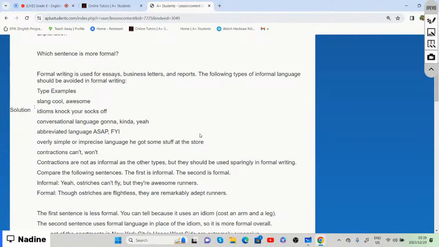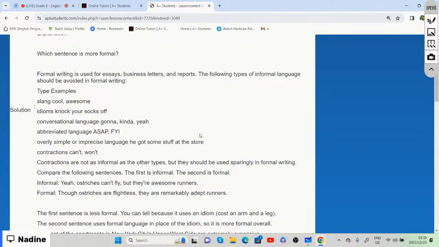So there are certain words that you are going to have to avoid when writing a formal essay, formal letter, formal report, or business letter, and so on. There is certain informal language that you should avoid within formal writing.